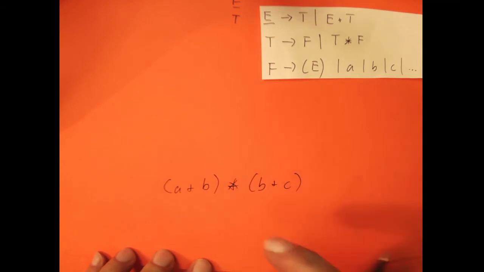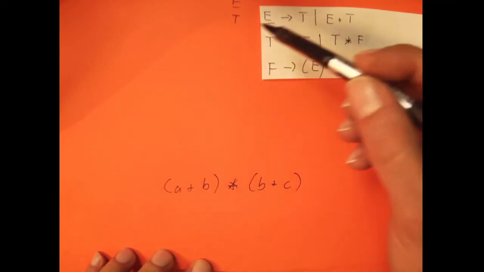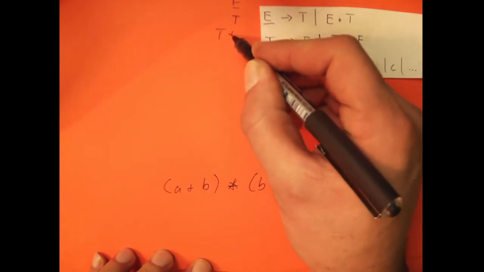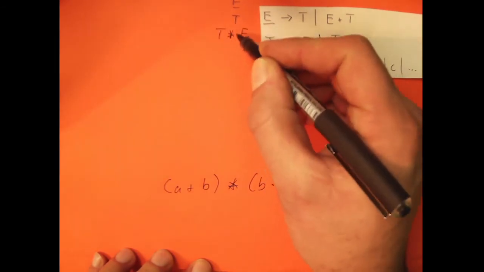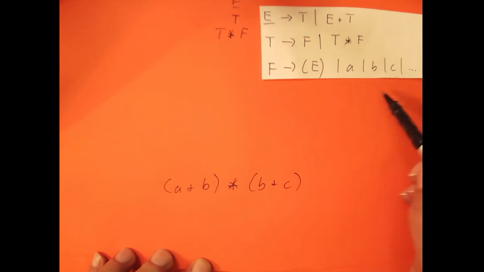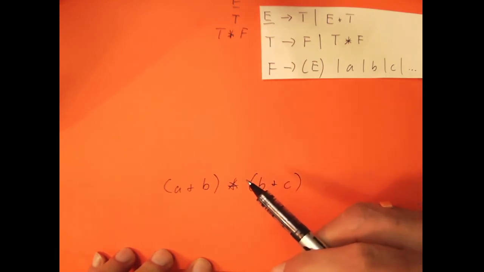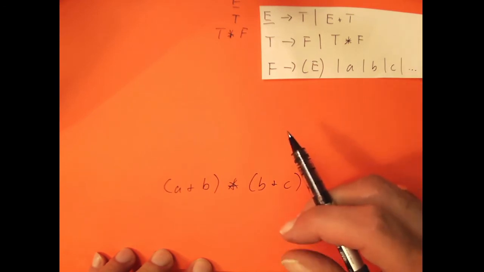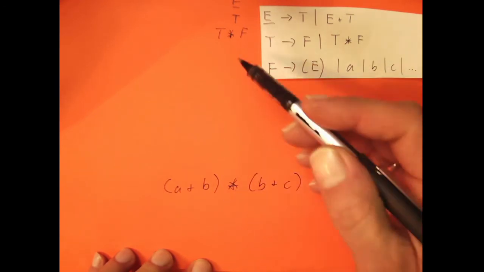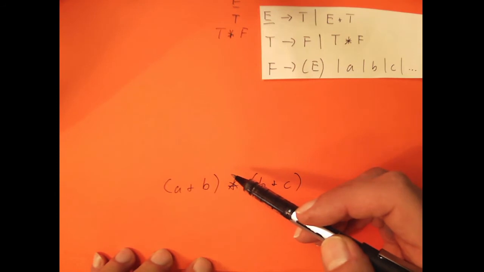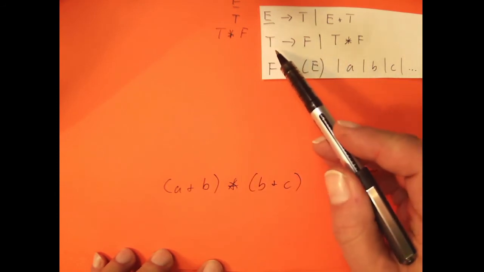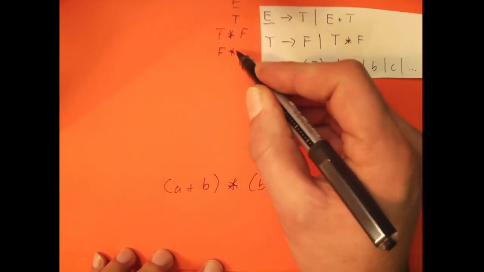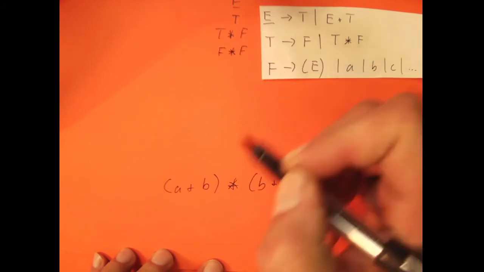And on the way to this statement, we now go from T to T times F. Well, this multiplication sign is already part of our terminal symbol alphabet. So we need this multiplication sign, therefore we create it. And then we continue. T can be again replaced by F. So we have F times F here.